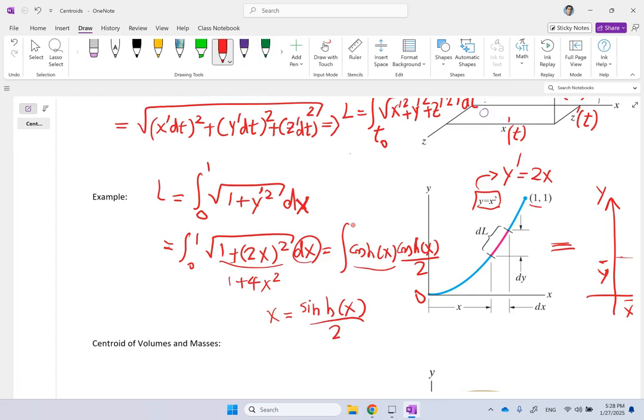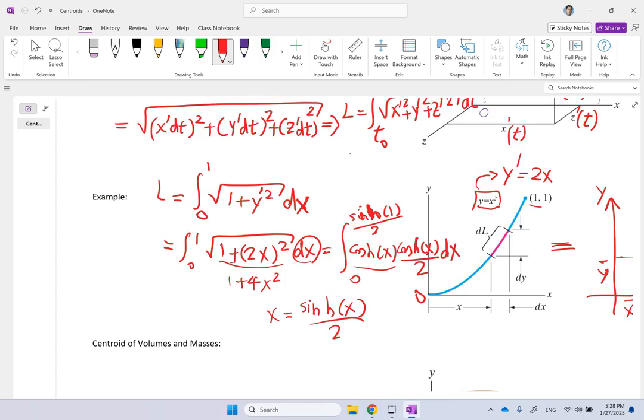When x is 0, the value of that is 0. When it's 1, it's going to be sine hyperbolic of 1 over 2. Okay? So you can calculate that, and of course, a dx. And by changing variable, you can do the calculation of cosine hyperbolic of x.